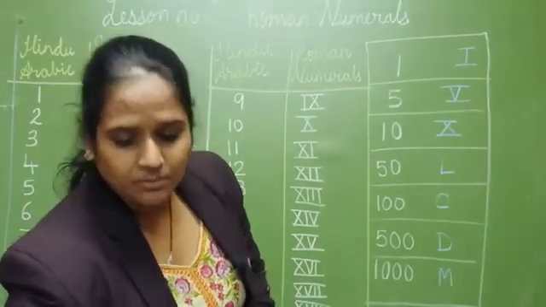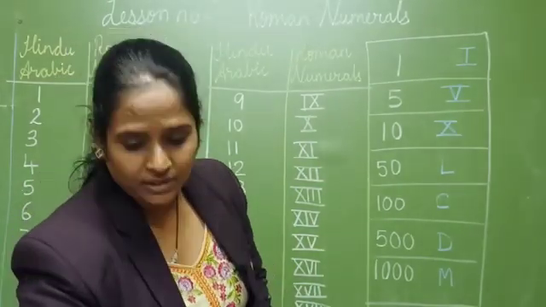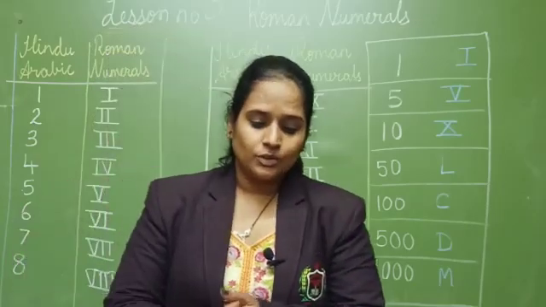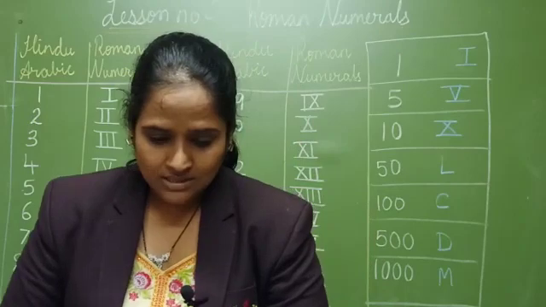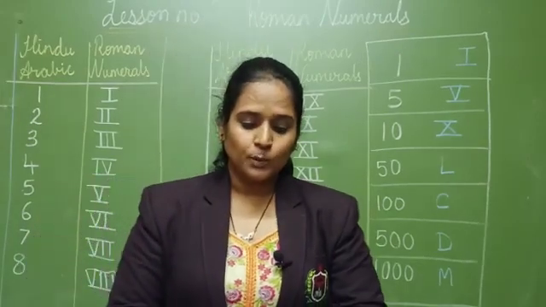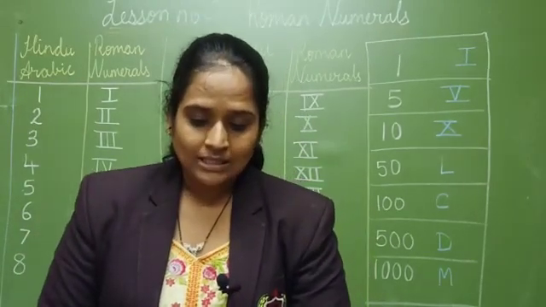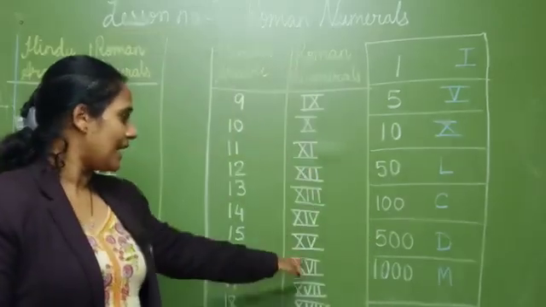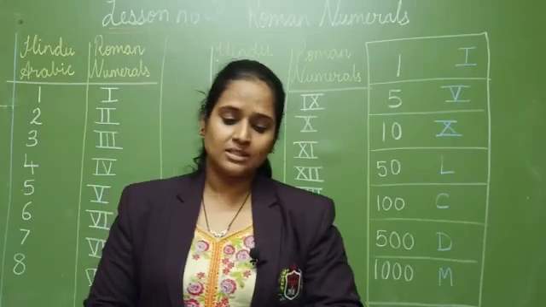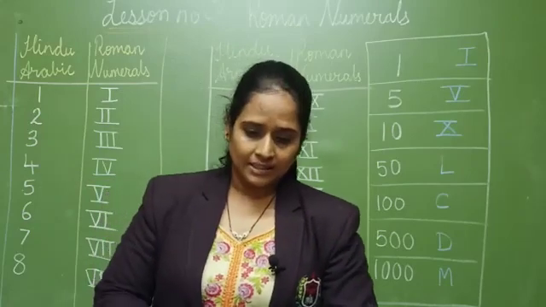Now on page number 22, we have some definitions over here, or you can say rules of writing Roman numerals. So first is, repetition of a Roman numeral means addition. That means we are adding it. If repetition is being done, we are adding that.